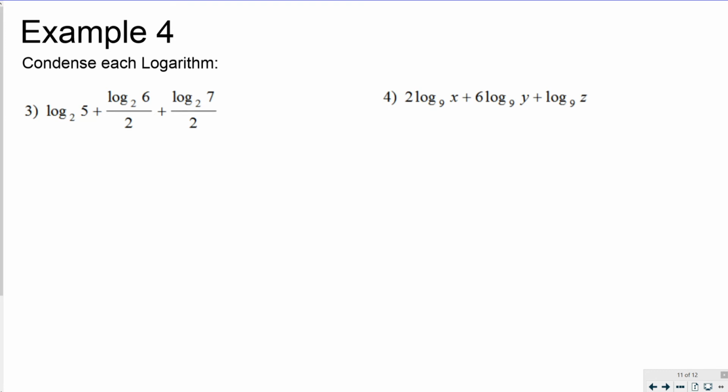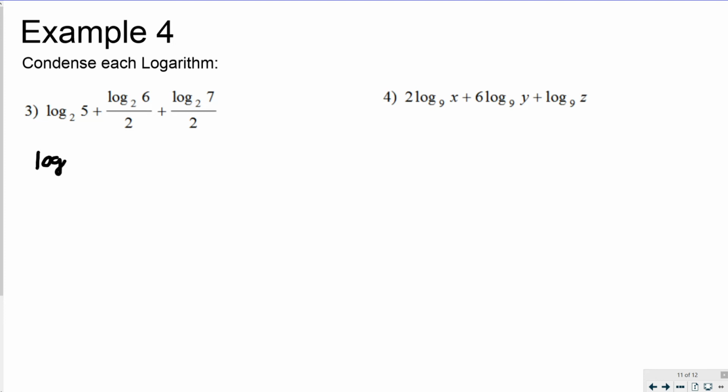So we're going to move on to condense each logarithm. Another page of condensing logarithms. In this one, we have number 3. We have logs of base 2, base 2, base 2, and these logs here are divided by 2. That is the same as, I'm going to rewrite it really quick.